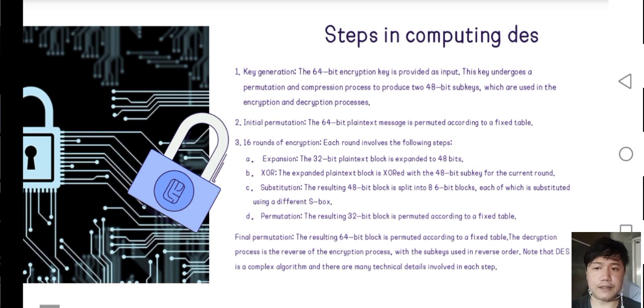To perform the initial permutation, we simply take each bit of the plaintext message and place it in the position specified by the IP table. For example, the first bit of the permuted message is the 58th bit of the plaintext message. The second bit is the 50th bit, and so on.